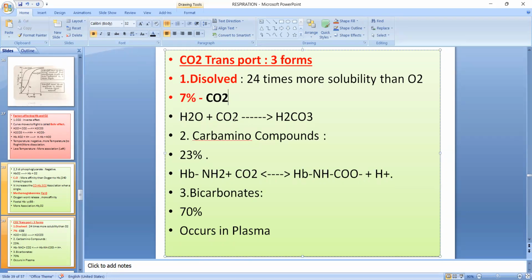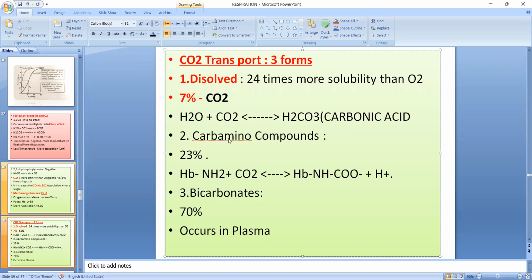So in plasma, the CO2 combines with H2O of the plasma and it forms carbonic acid, which is also a reversible reaction, but it takes very less amount of H2CO3 formed when compared with the enzymatic reaction, same reaction.